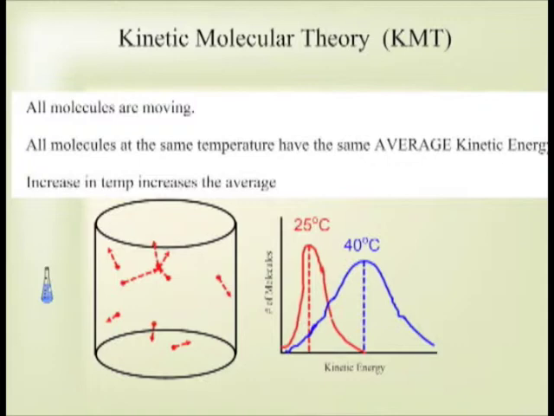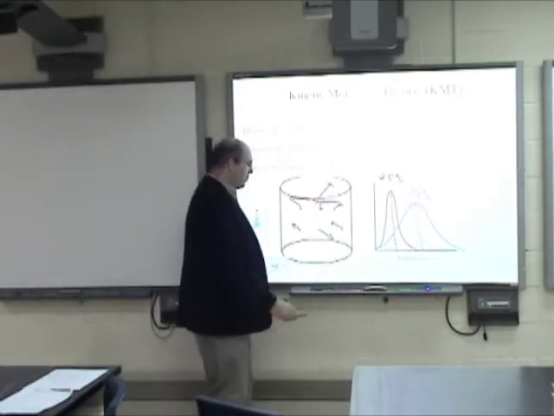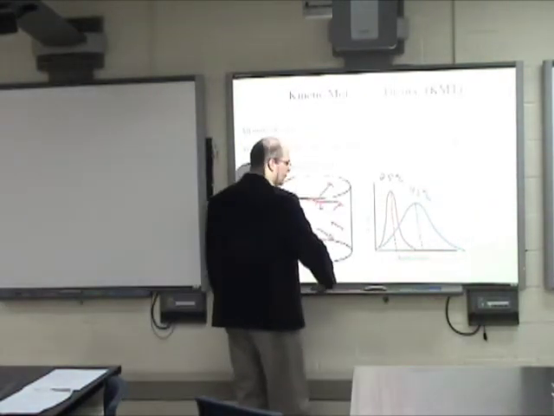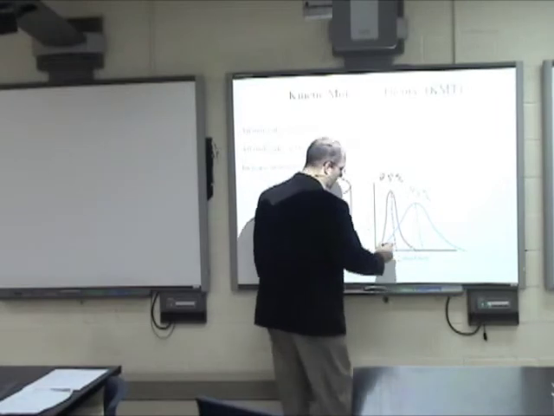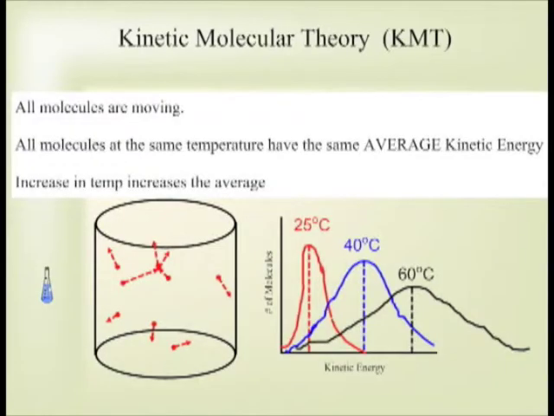So perhaps this is at 45 degrees. As we increase the temperature even further, my graph starts to look like that. My average has increased and the distribution is wider. Perhaps this is 60 degrees.